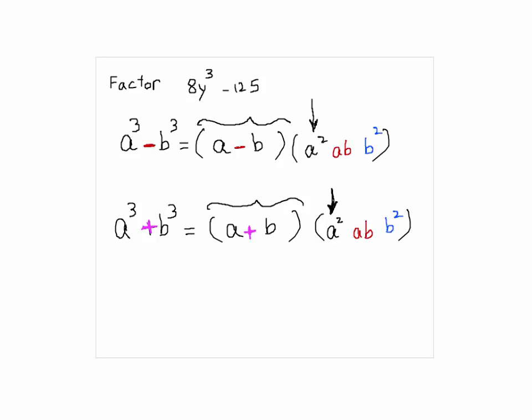And then the sign: if this is minus, the signs in the second parenthesis would be plus, plus. If this is plus, the signs alternate between plus and minus, so it would be plus, minus, plus.